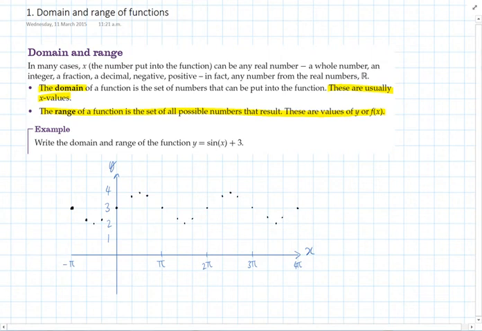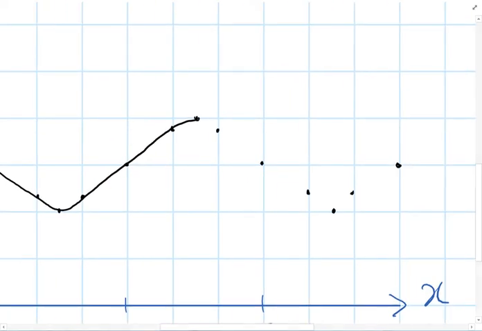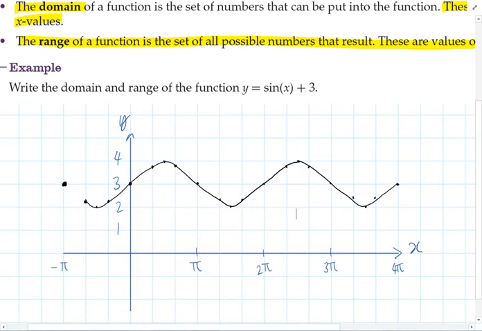Okay, so I'll just try and sketch that in as carefully as possible. So there's our graph. You will have to do quite a lot of graphing in the standard, so don't shy away from it. Okay, not the greatest sine graph in the world, but it'll do for now.